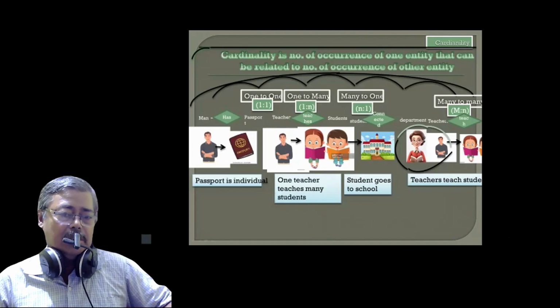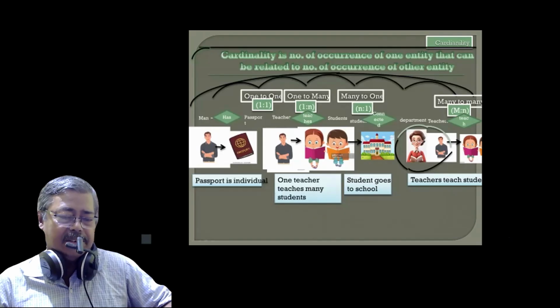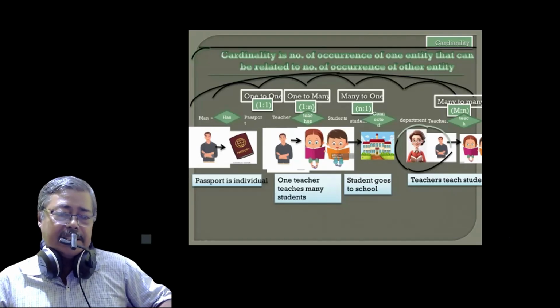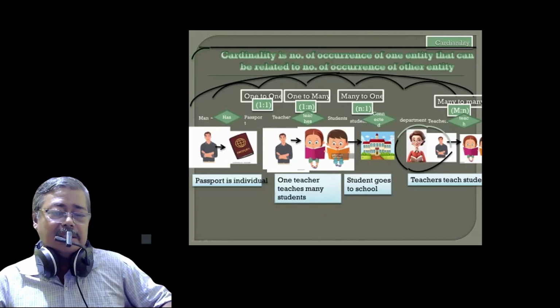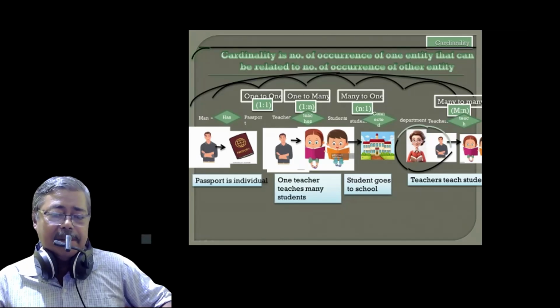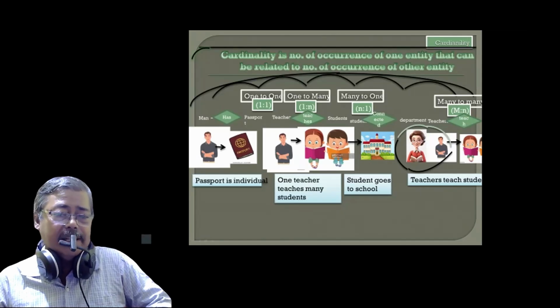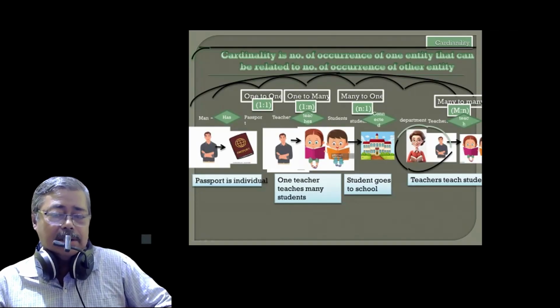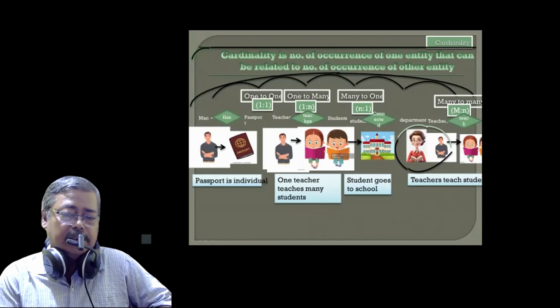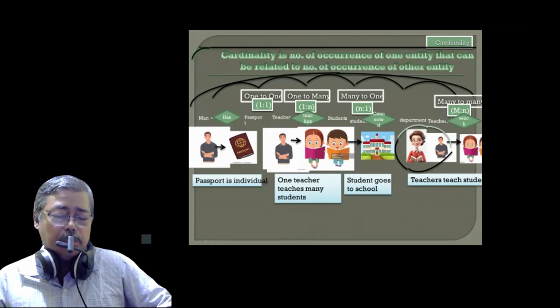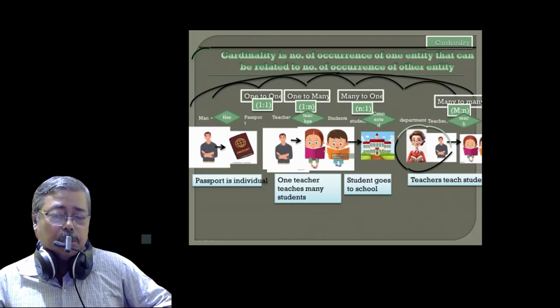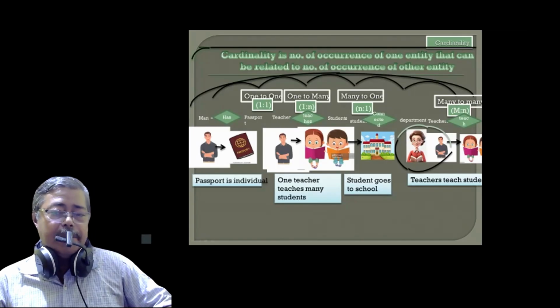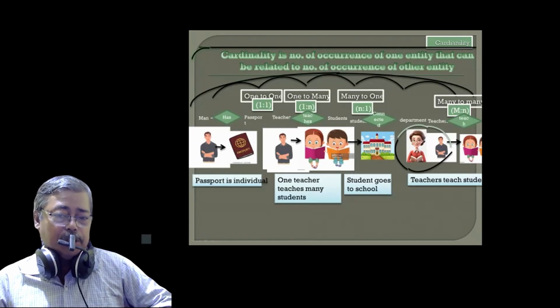A passport is individual, so a passport is unique for each man, so it makes a one-to-one relation. Another is one teacher teaches many students. Here a one-to-many relationship is forming. Another is many students reading at one school. So here is the relationship of the school with the students. Here a many-to-one relationship is forming.